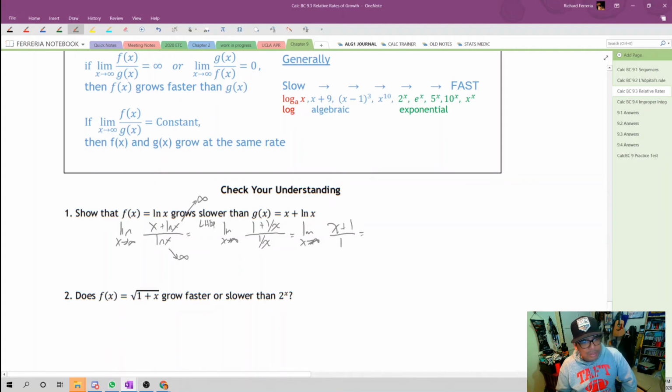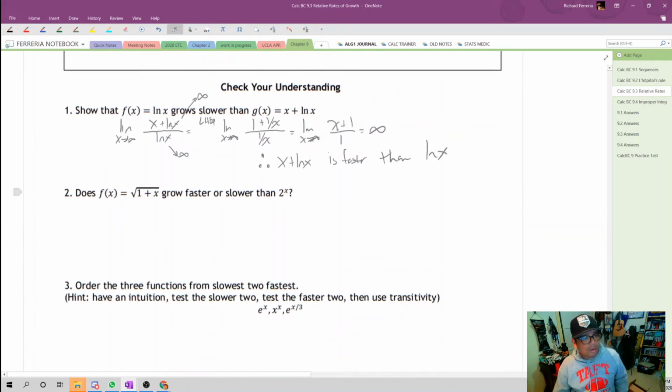And this goes to infinity because the numerator grows, but the denominator doesn't grow. So therefore, the numerator, x plus natural log of x, is faster than the denominator, natural log of x.